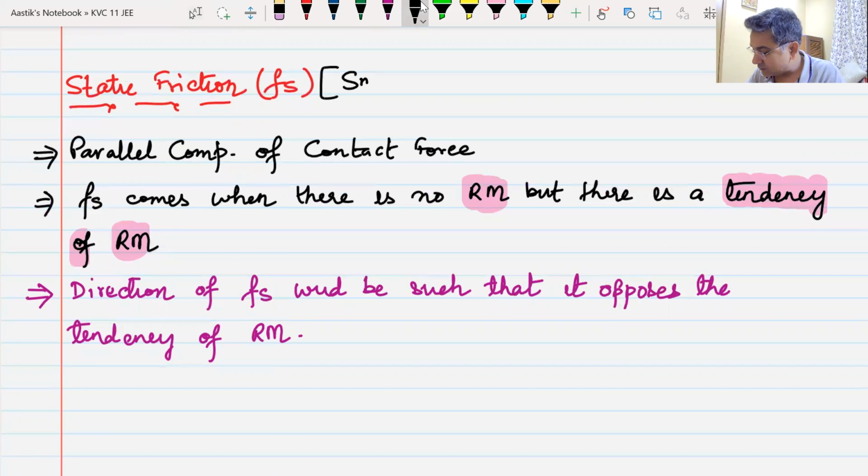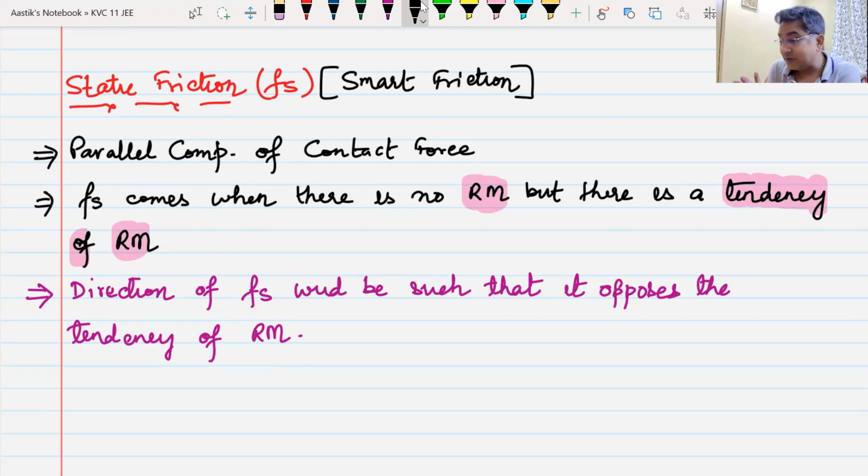Why do I call it smart? Because it is smart, and we will see the smartness as we go along. Even if the body is not moving, there is a feeling inside this body that I want to move, and the static friction understands that feeling. Oh, okay, you want to move? I will not allow you to move.